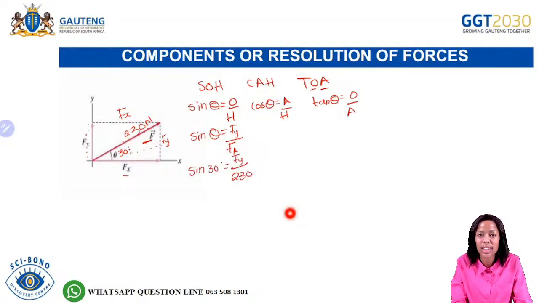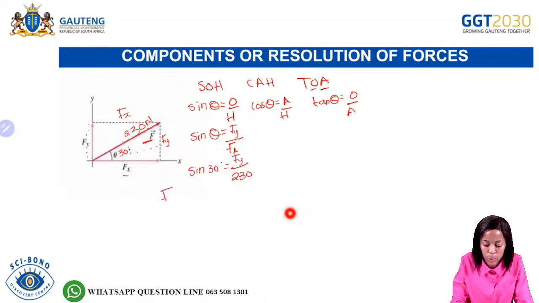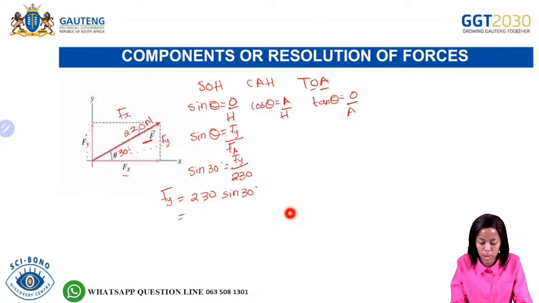From there you are able to calculate your Fy. So Fy is equal to 230 sine of 30 degrees. You would then punch that into your calculator to get your answer.